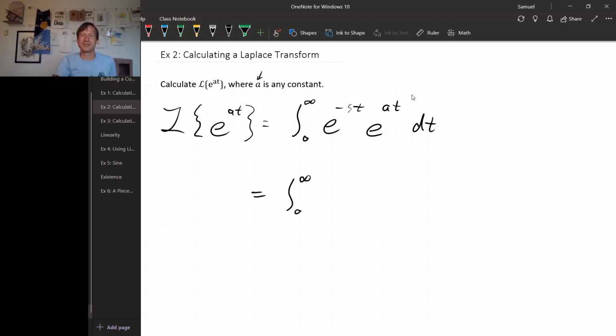That's a prerogative that we have for exponentials. So e to the minus st plus at dt. And now it looks like maybe factoring the t out in that exponent might be a good idea. So integral from 0 to infinity of e to the (a minus s) times t dt.